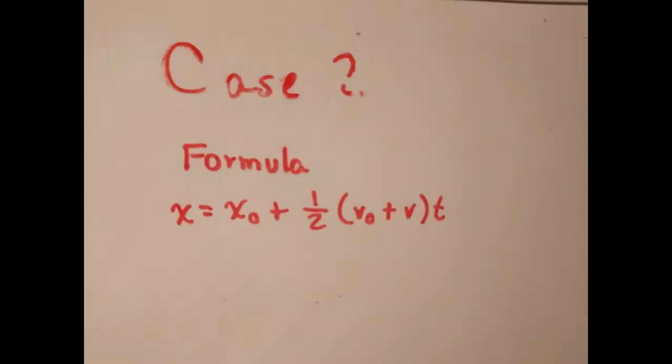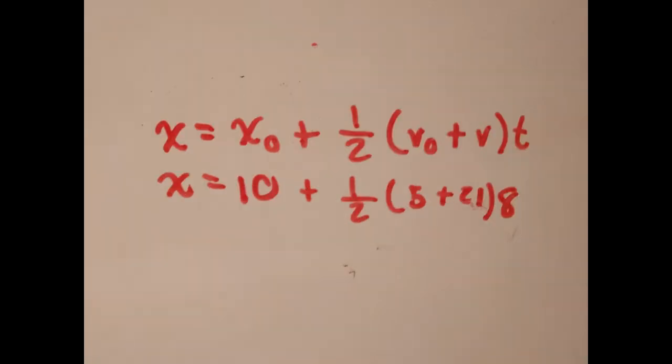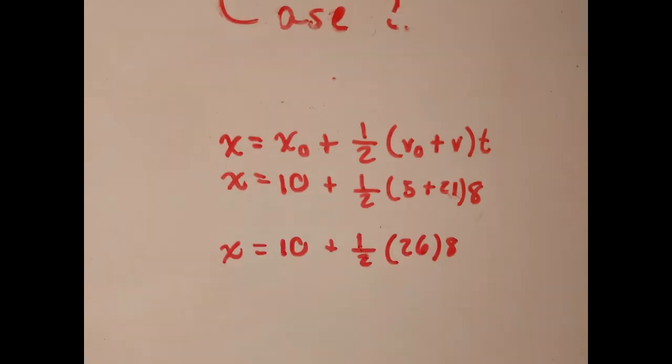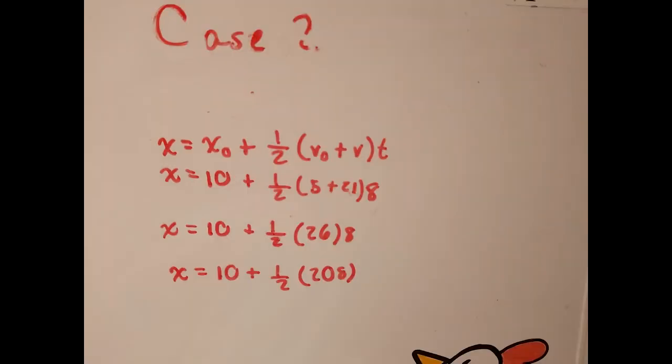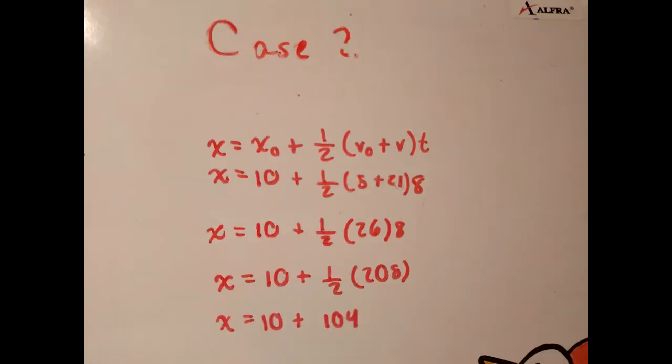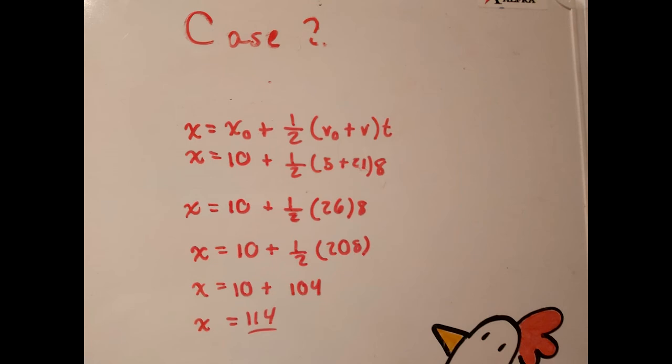So we write down our formula, which includes velocity as mentioned previously, and as previously, we are going to replace our variables with our values. Once we've done this, it's pretty straightforward. We just have to, as previously, start solving to get our final answer, which is 114 meters.